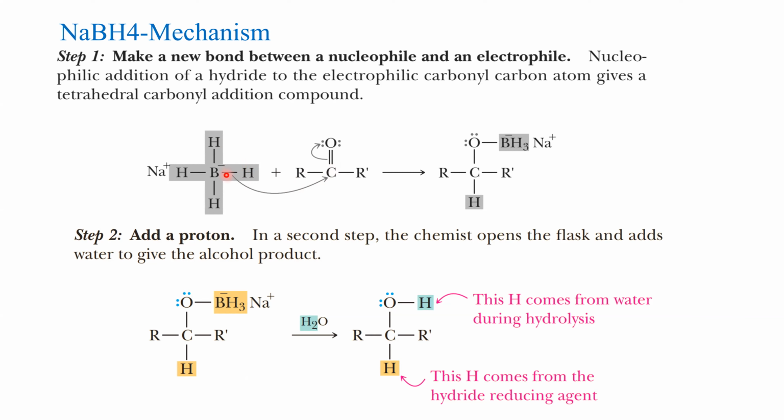Don't confuse this negative sign with an electron pair. This negative sign is to tell you that this boron now has an extra electron in its valence shell, and that's why it is shown as negative one. The bond involved in the nucleophilic attack is this hydrogen bond, right?